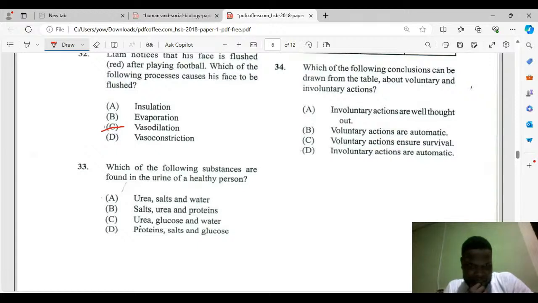I'm seeing A. Yes, A looks right. Salt, urea, water looks indeed correct.